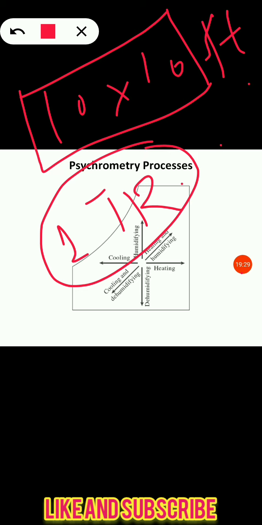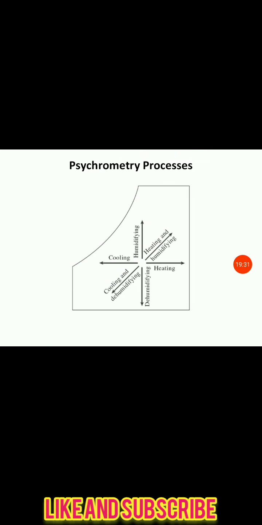There are also different calculations that we can perform in order to select an air conditioner, that is, to select the capacity of air conditioner for our room. So this is all about the psychrometric chart. All the psychrometric processes like heating, cooling, humidification and dehumidification can be drawn on the psychrometric chart for the purpose of cooling load estimation.